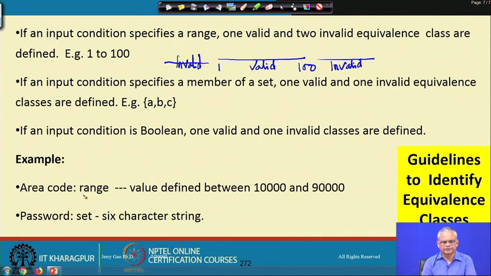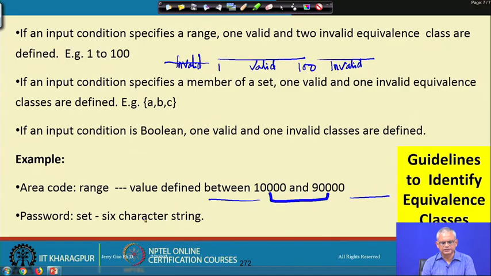Just to give some examples, if we want to enter an area code, let us say the area code is between 10,000 and 90,000. So, the valid values are between these two, and anything more than 90,000 is invalid, and anything less than 10,000 is invalid. So, one valid and two invalid. What about a password which contains 6 characters, a string of 6 characters?